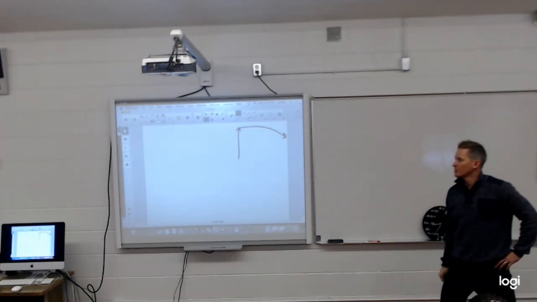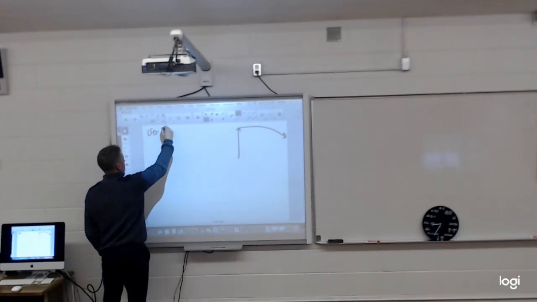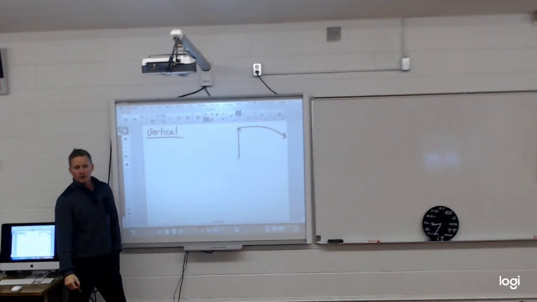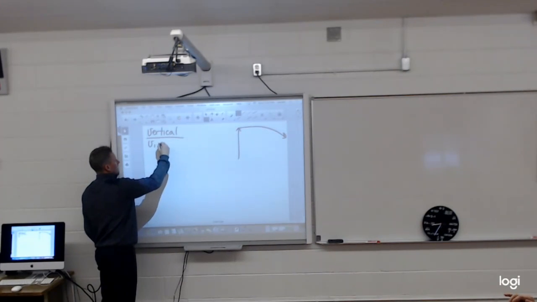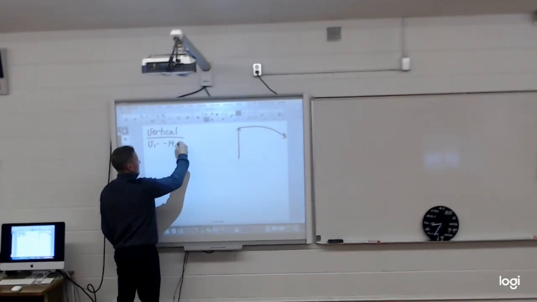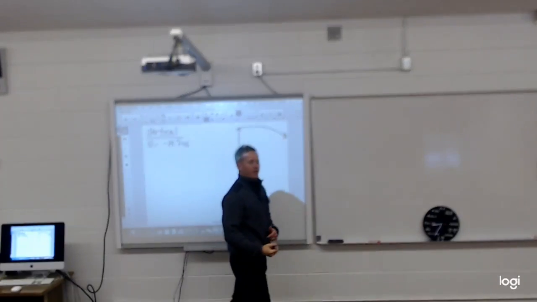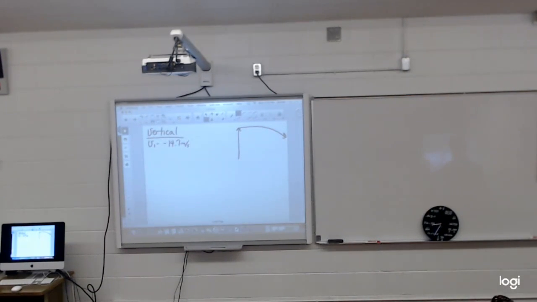All right? So when I look at the vertical part, my initial velocity is going up at minus 14.7 meters per second. The reason I put a negative on that is because when it's dropped, the acceleration is going to increase its speed.